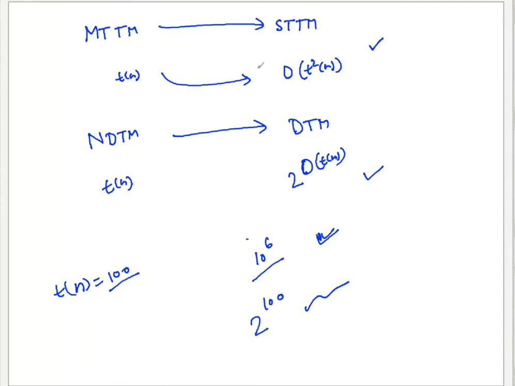So for a real computer system, exponential running time algorithms are not very realistic, because even for a very small input size they take so much extra time. And most of these exponential time algorithms are actually the result of something called brute force search.